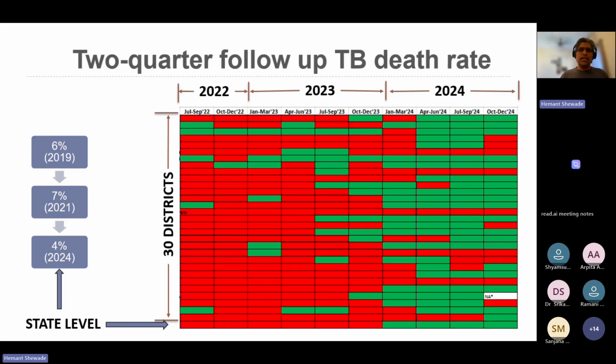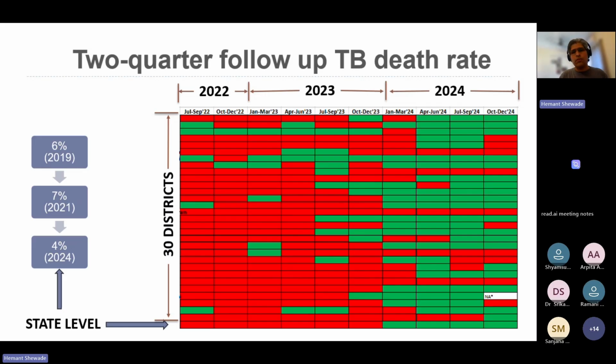For each quarterly diagnosis cohort in a district, if there was a 20 to 30% reduction in TB death rate compared to the baseline before TN-KET was implemented, we marked it as green. If there was no reduction in TB death rate, we marked it as red. A 20 to 30% reduction was what we expected based on our past estimates made in previous publications. I'll share about this later. So a 20 to 30% relative reduction in TB death rate was considered of public health significance.